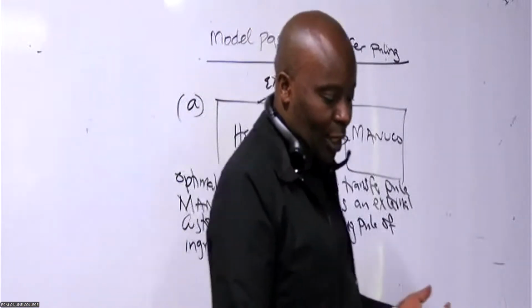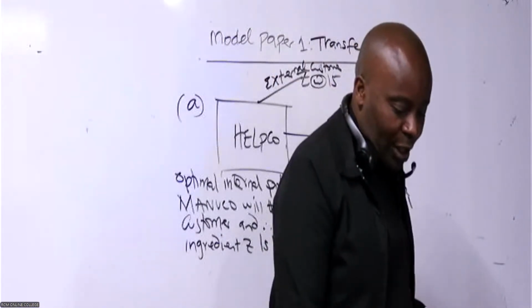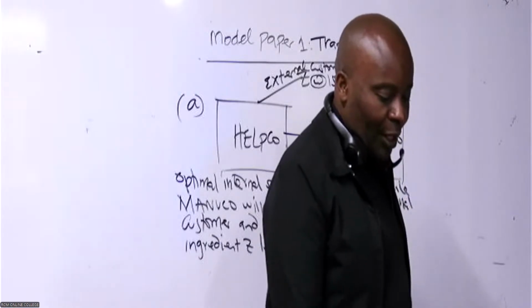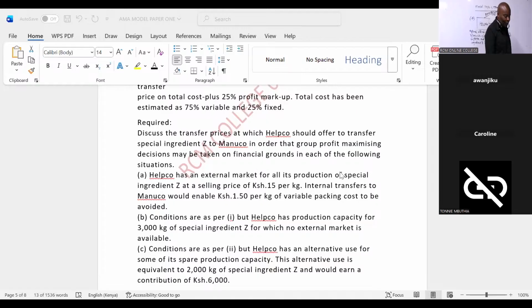They shall be able to save packaging cost. We are told packaging cost, is it 5? It's 1.5. We are told that internal transfers to Manuko would enable Kenya shillings 1.5 per kilogram of variable packaging cost to be avoided. So then that has to be passed through to our sister department.